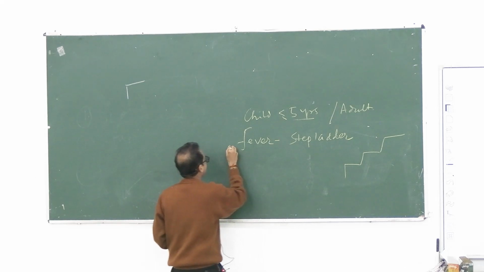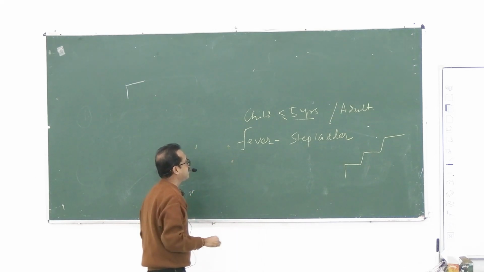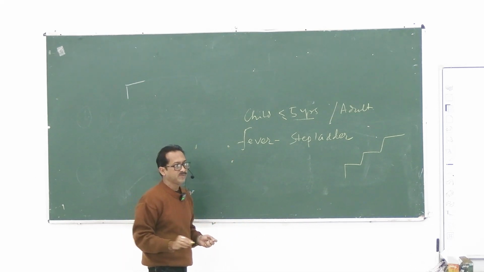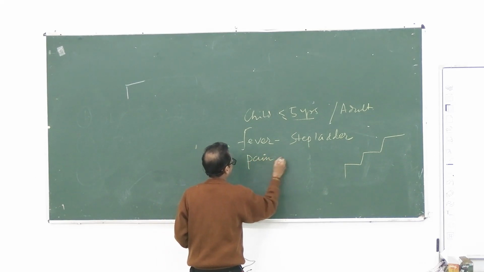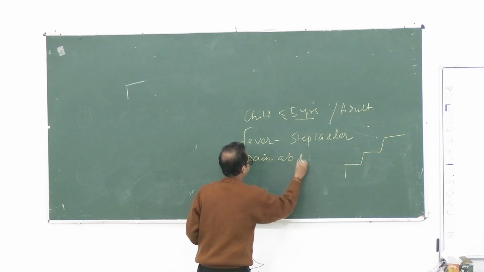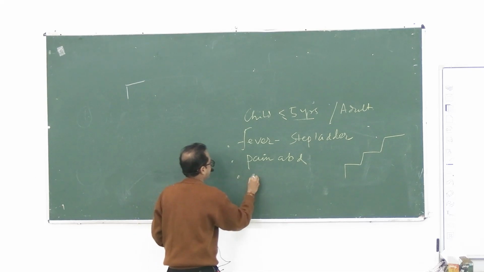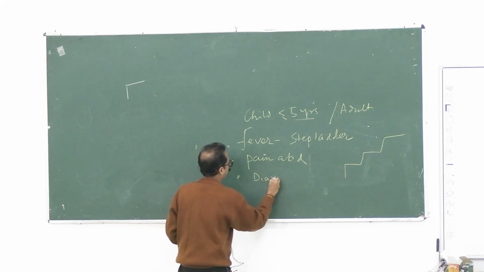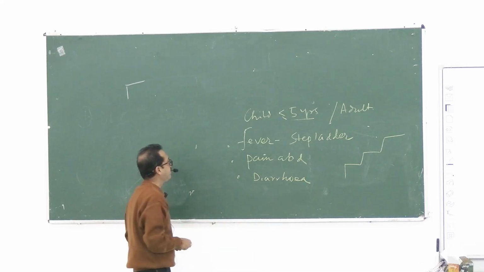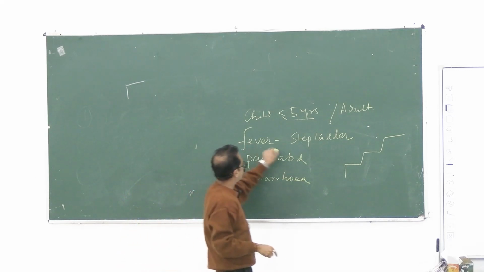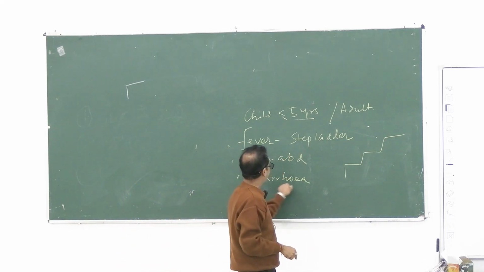Next, anything else? It is enteric, so some abdominal symptoms will be there. There may be pain abdomen, and it may present with diarrhea also. So these are abdominal symptoms: fever, step ladder pattern, diarrhea.